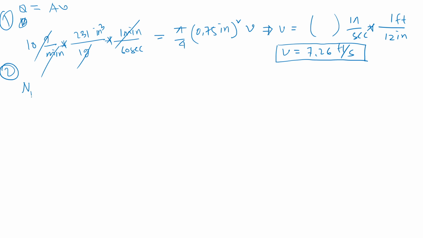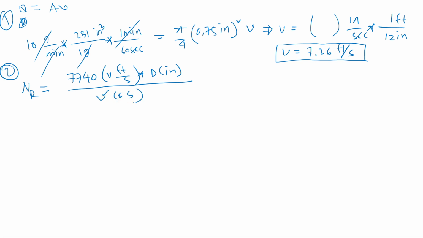Step number 2 is the Reynolds number. There are a few Reynolds number equations. The one that I can use is this 7740. In that one, velocity is in feet per second, the diameter is in inches, and the viscosity is given in centistokes, which it is in this problem.